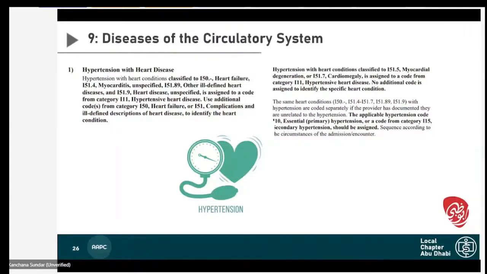It is going to be the same thing, but only the verbiage is changed and conditions are being included in the guideline. And one important emphasis they have made is about the heart disease, how it is to be considered. The same heart conditions, all the conditions as I specified, are listed, and hypertension is coded separately if the provider has documented they are unrelated to the hypertension.